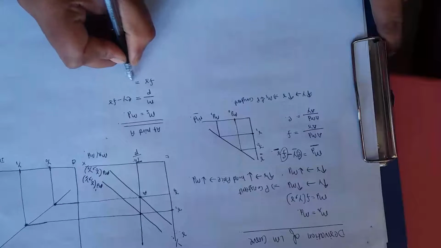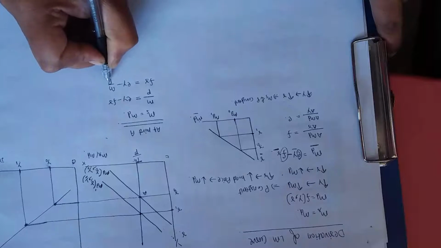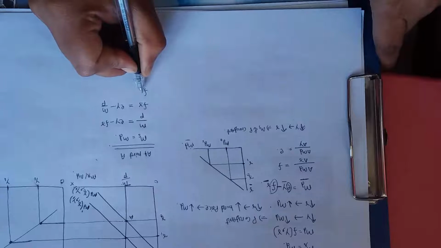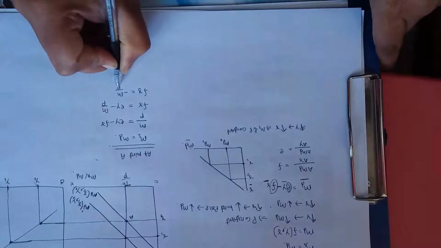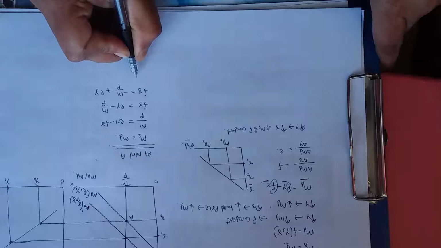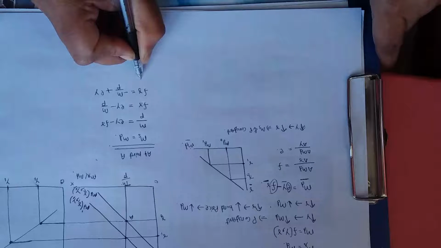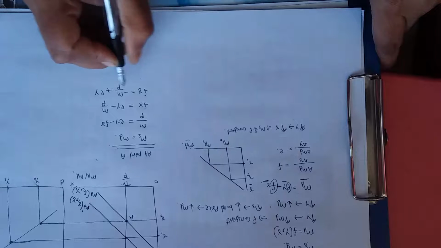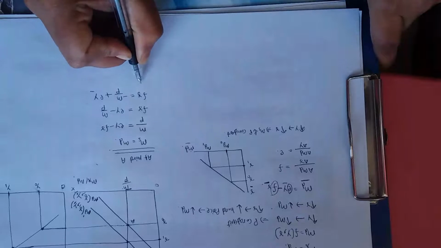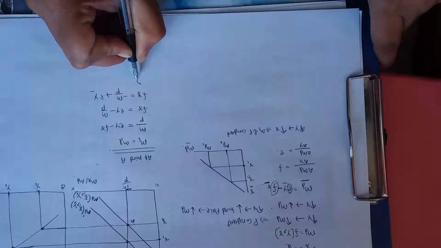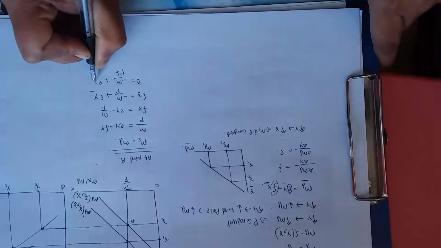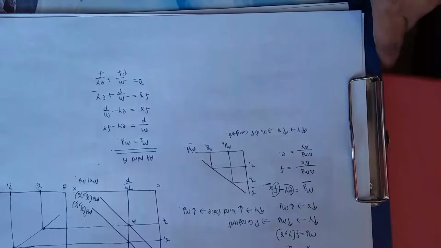Solve this mathematically. We have to see the relationship between income and rate of interest: R is equal to minus M upon P F plus EY upon F.